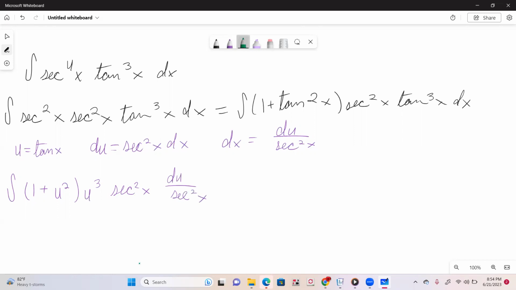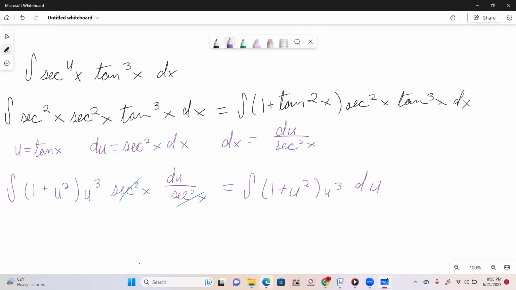So then these are going to cancel. Makes sense so far? I think I'm doing a half decent job explaining it. 1 plus u squared times u to the third du.